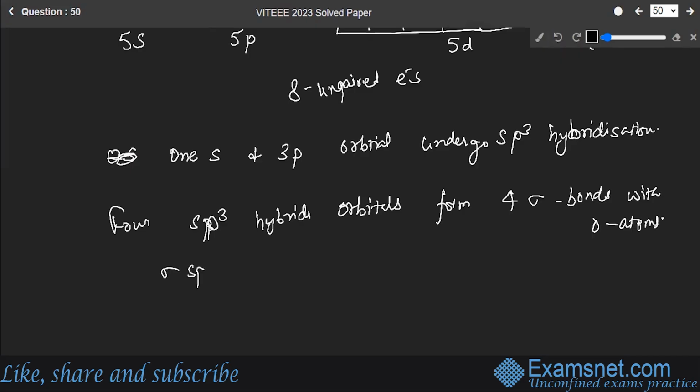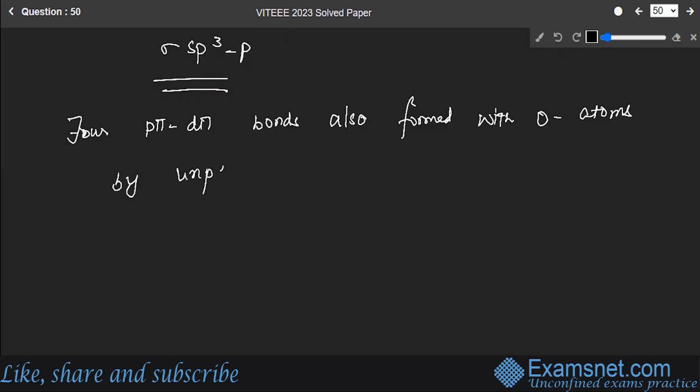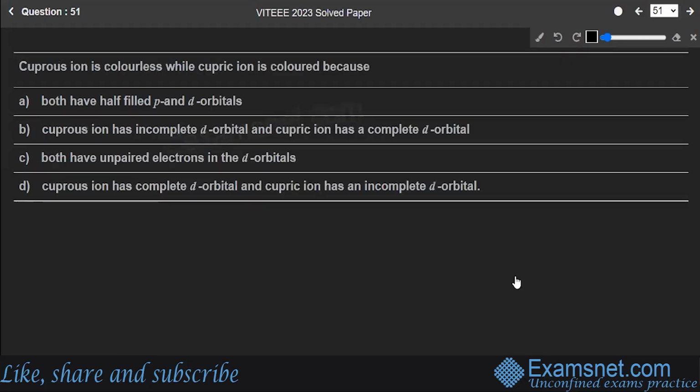They are sigma sp3-p. So also 4 p pi d pi bonds are also formed with oxygen atoms by the unpaired electrons. All right, so here you have option C as the right answer. Hope you understood this. Next is question number 51.